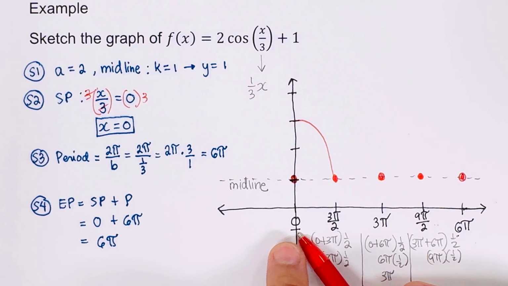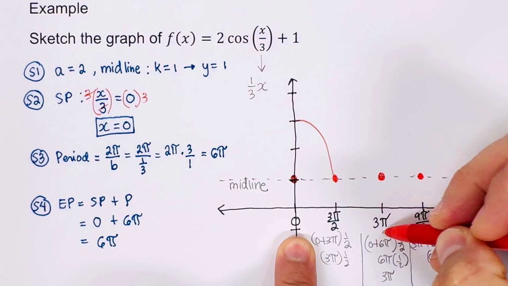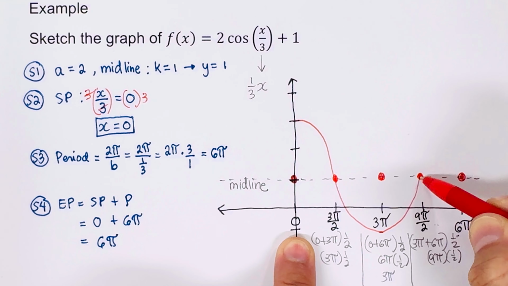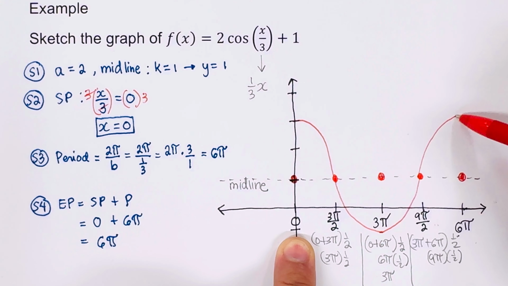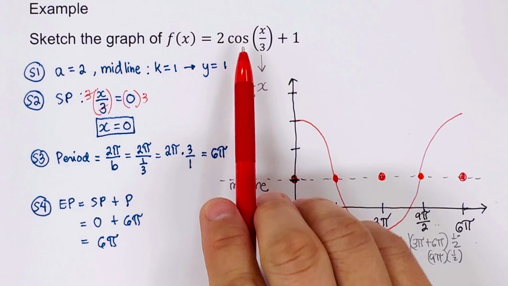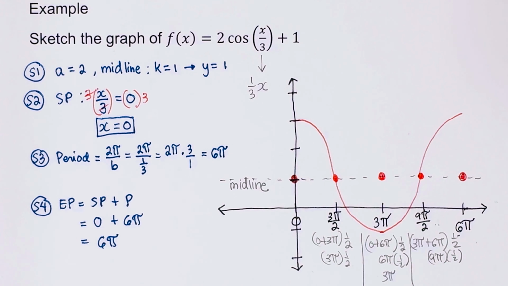So that's 1, 2. It's going to go down over here, and then it goes up again there, and then it goes up here. So this is the graph of this function using only one cycle. That is how we sketch the given function that we have up there.